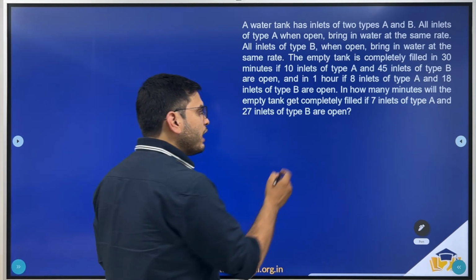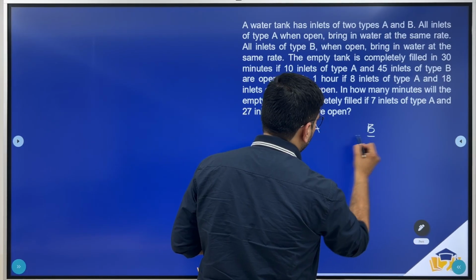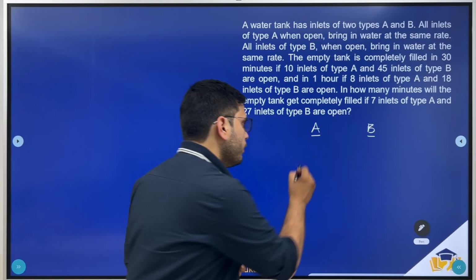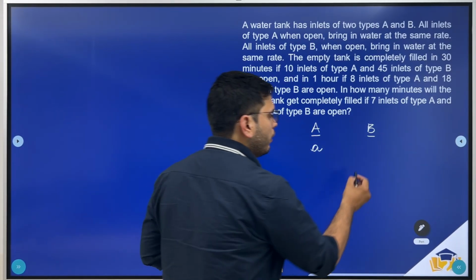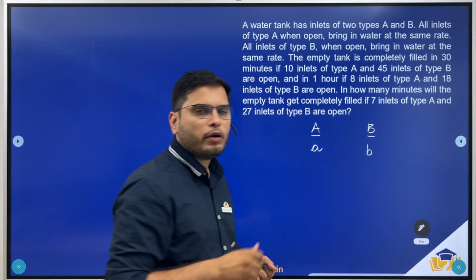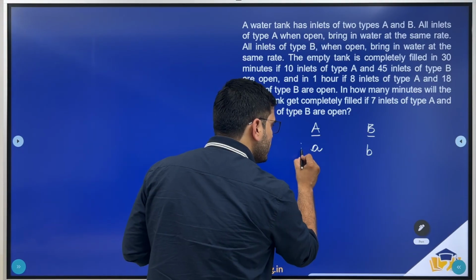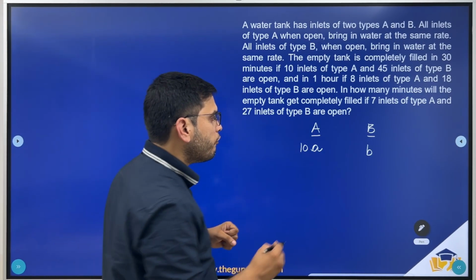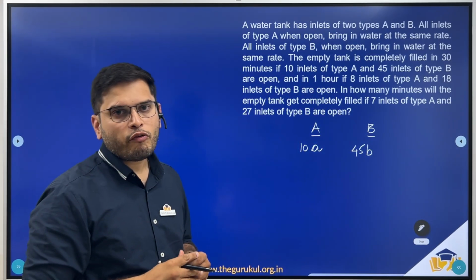So we have 2 types of inlets, type A and type B. Now let the rate of flow of one inlet of type A be A liters per minute and that of type B be B liters of water per minute. So 10 inlets of type A will be discharging 10A liters of water per minute, and 45 inlets of type B will be discharging 45B liters of water per minute.